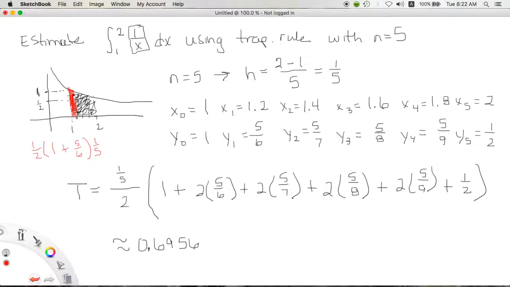So this red trapezoid is just this area here. And then we went along and added them all up, and you end up with this formula. And you add them all up.